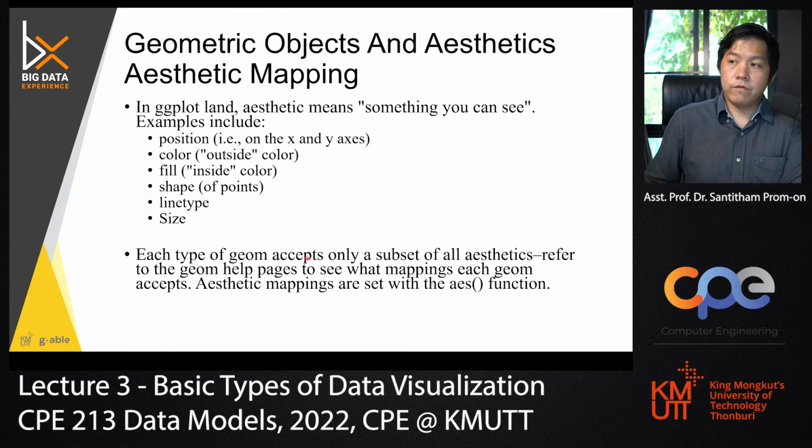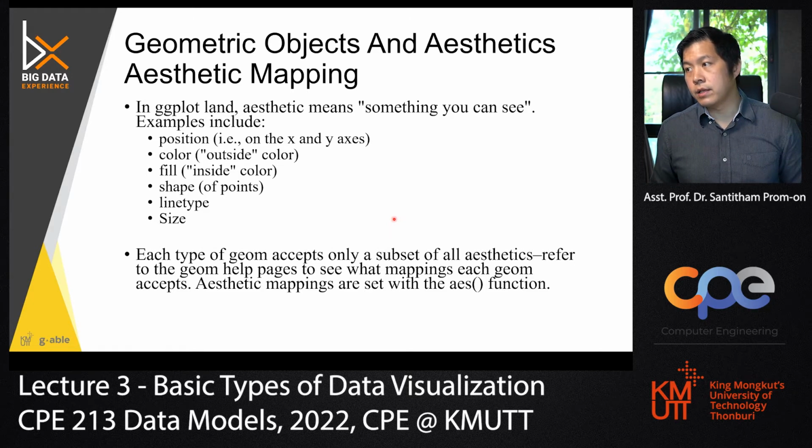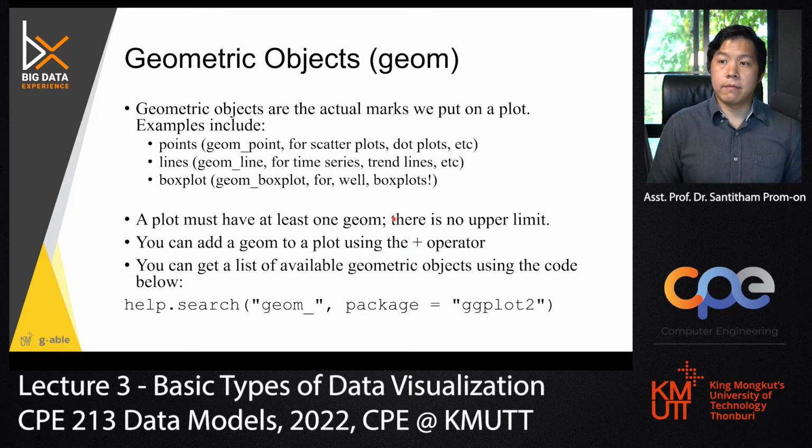Each type of geom here that we use would accept different aesthetics. You need to check first what types of aesthetic are mapped. And you can check it by just typing geom and looking at the help. Like let's look at point and box plot and others to at least see what types of aesthetic you can use.